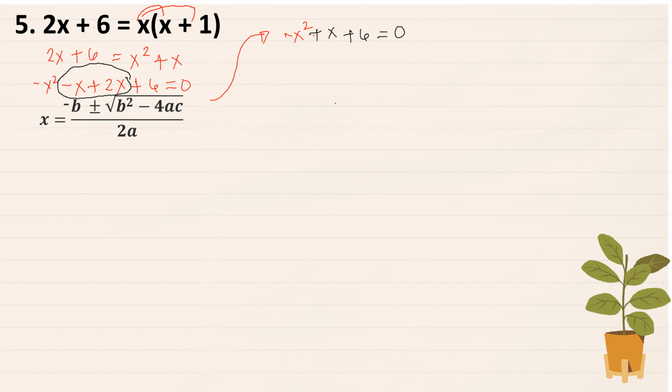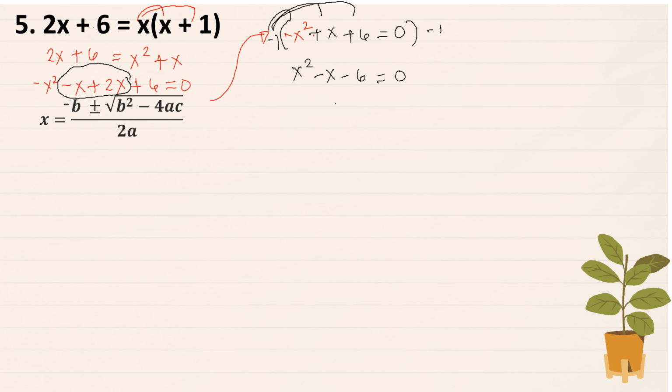This time, to avoid a negative quadratic term, we need to multiply all by negative 1. So multiplying all terms by negative 1, that negative 1 will be distributed. So this will become positive x squared. That negative 1 will be distributed to the x, so it will become negative x, and then negative 1 times 6 becomes negative 6. And 0 times any number, the answer is 0.